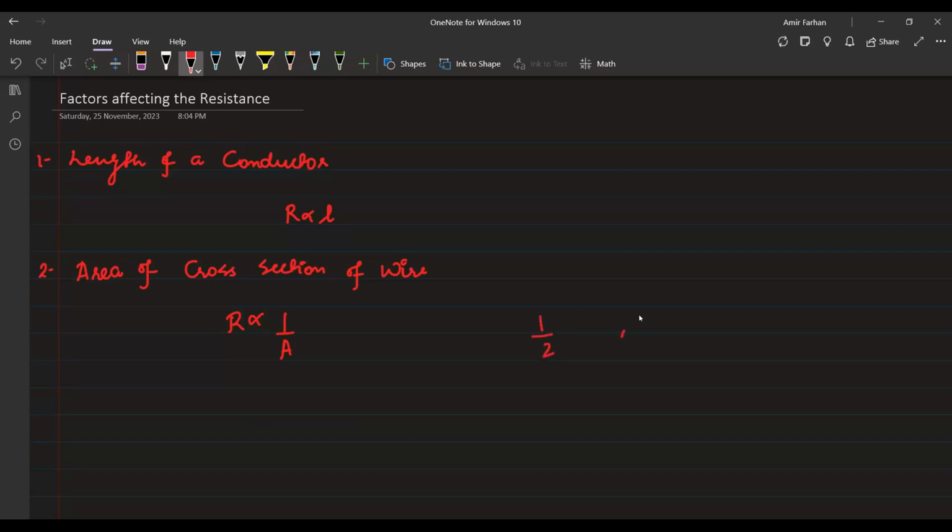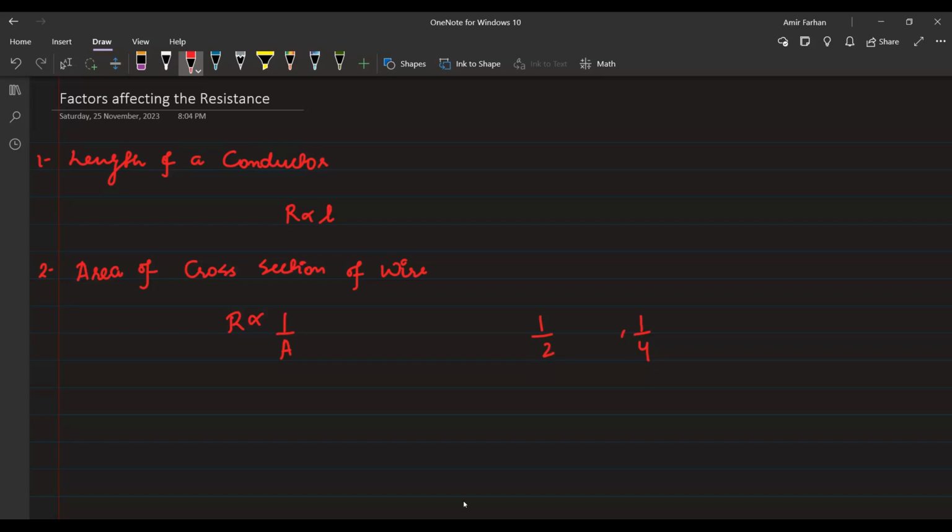Okay, now tell me, everybody. I have 1 by 2 and 1 by 4. Clear? Which denominator is greater, 4 or 2? 4 is greater. I'm asking about the denominator only, not the fraction.